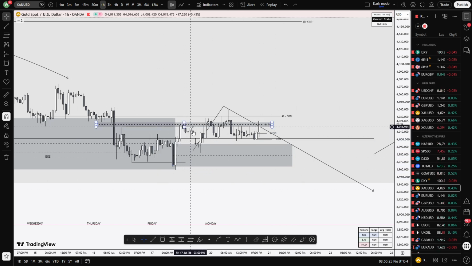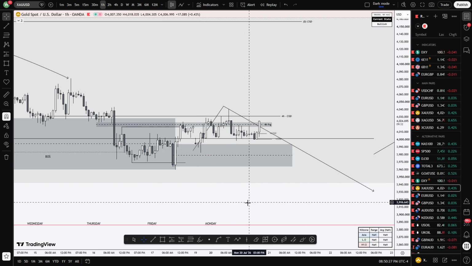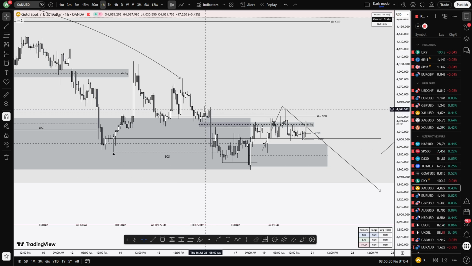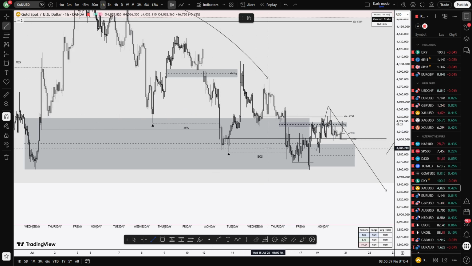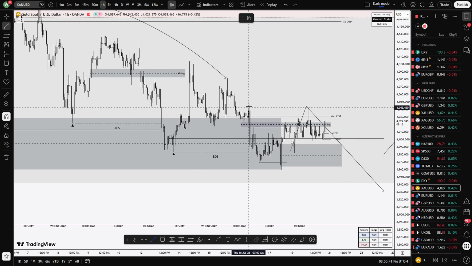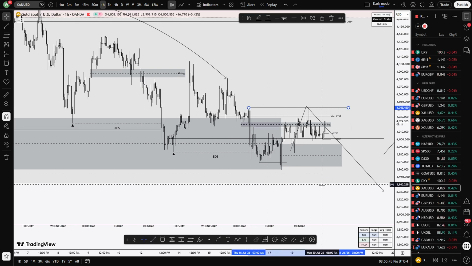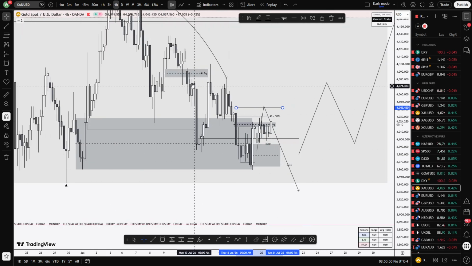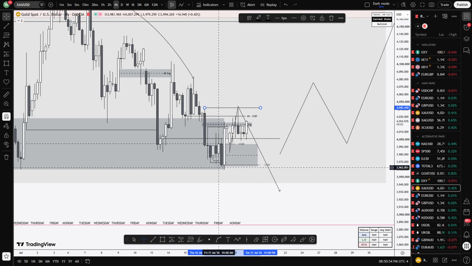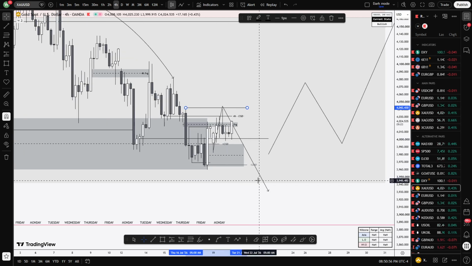Now, even if we've tagged this zone, I still think once we take this high, right? Once we take this high, we've shifted structure. This high will be the high to make me change my mind, right?